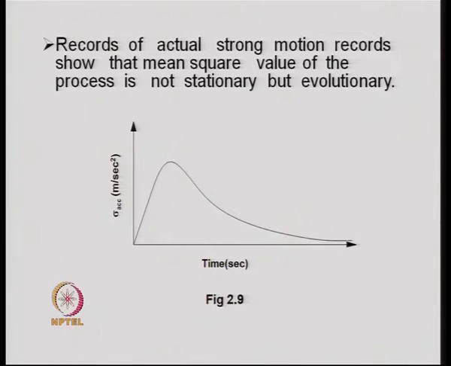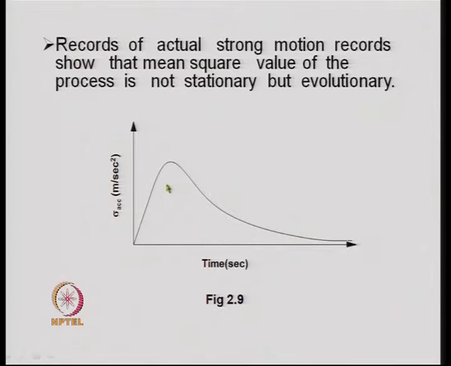This is usually done by considering the earthquake to be an evolutionary stationary process, meaning that the mean square value of the process changes with time in a particular fashion, and the way it changes is a function called the modulating function, which modulates the stationary process with time, that is, the mean square value changing with time.